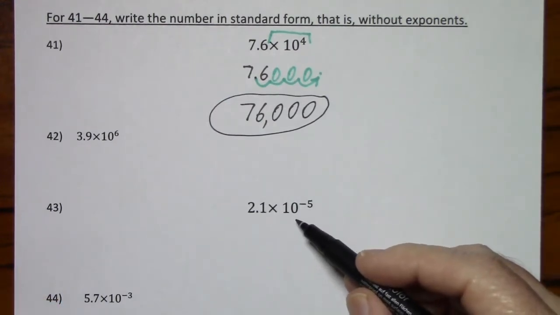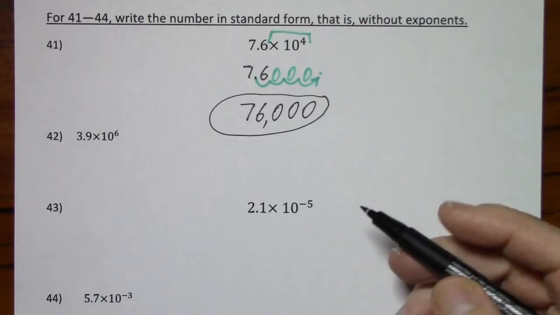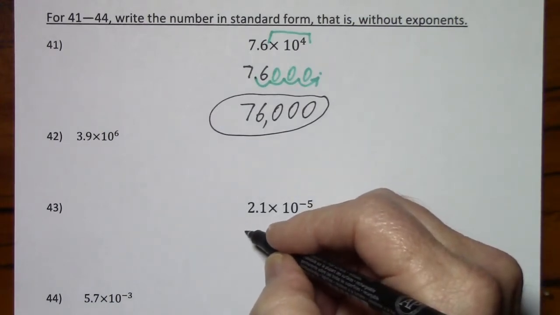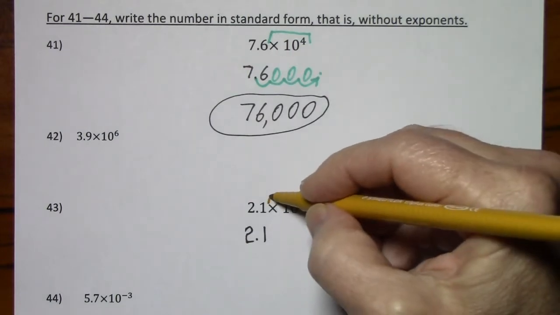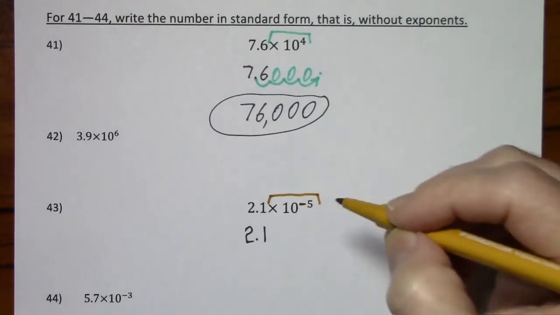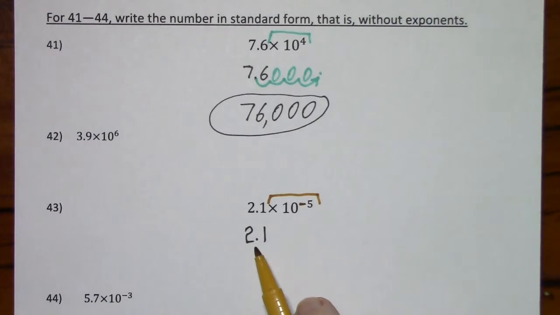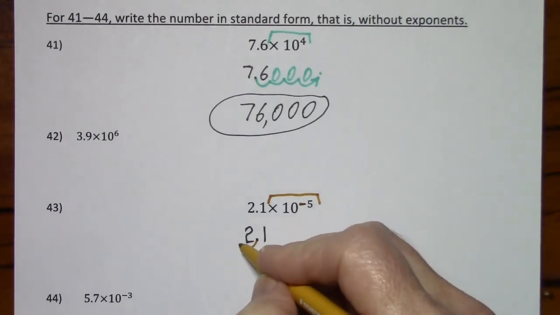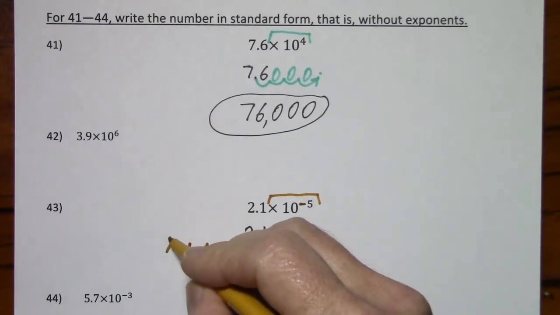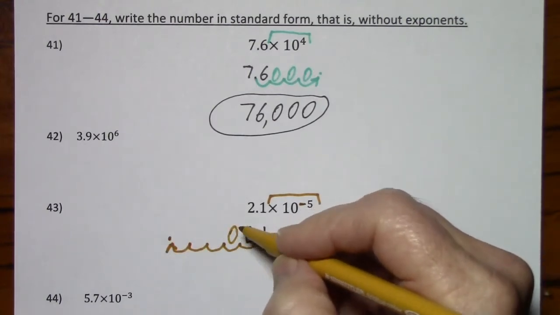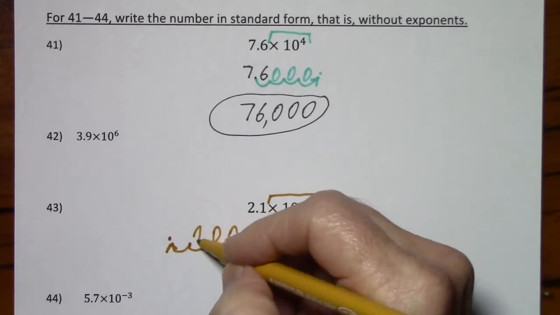For 2.1 times 10 to the negative 5th, that's really 2.1, and this times 10 to the negative 5th means this is smaller by 5 decimal places. And again, you need zeros to hold those places.